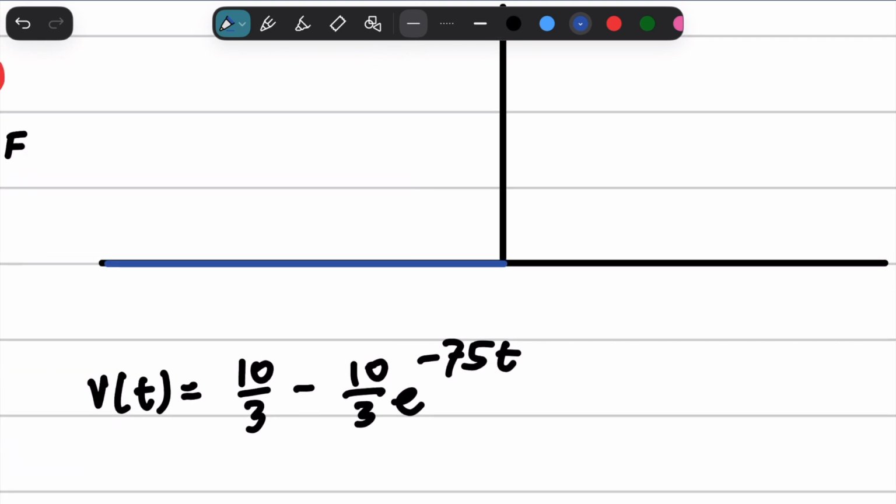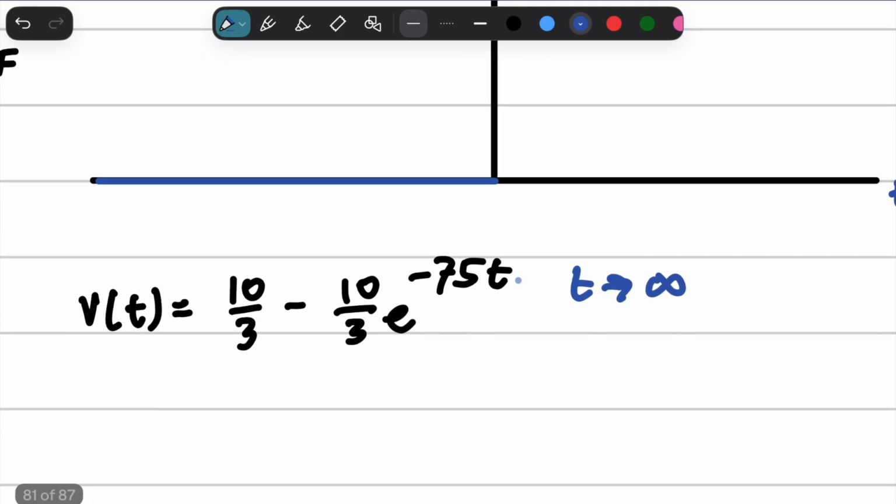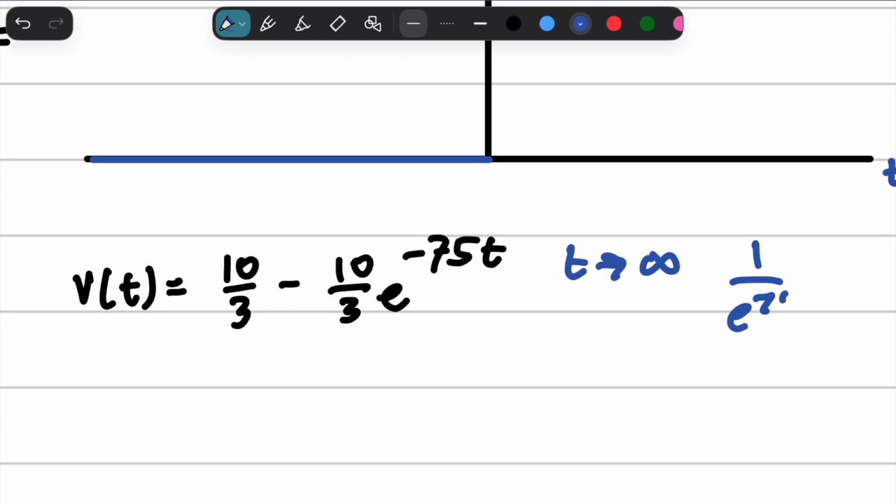Now, think about what happens as t approaches infinity. Well, this is a negative sign, so really it's a 1 over e to the 75t. So as we're going to infinity, this is going to approach 0, and so what's left is just 10 thirds.